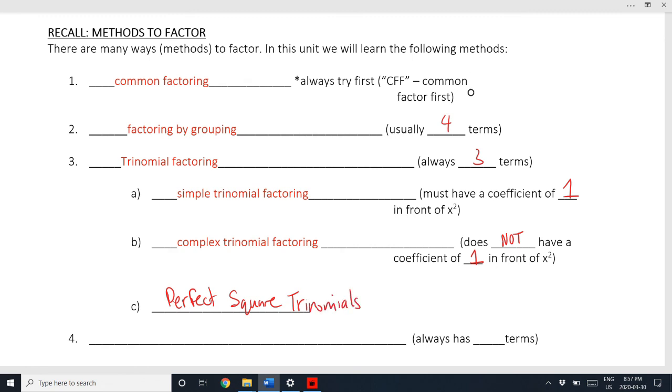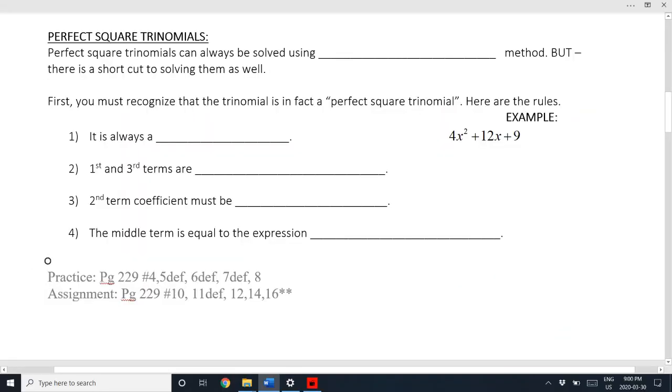And the last one is going to be the difference of squares. And you'll notice differences of squares always have 2 terms. So I'm going to show you what perfect square trinomials are.